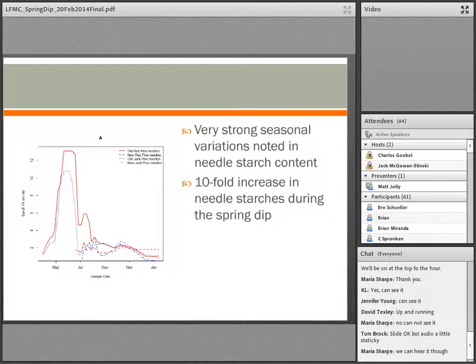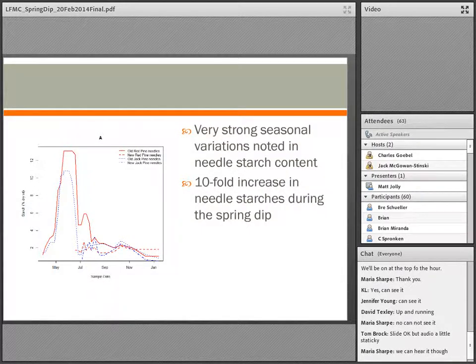During the build-up period when photosynthesis starts, the tree starts to accumulate starch in the foliage, basically reaching a maximum right at the timing just before new needle emergence. And these are not small changes. These are basically going from nothing to 10 to 12% or more of the dry mass of a needle being composed just of starch.